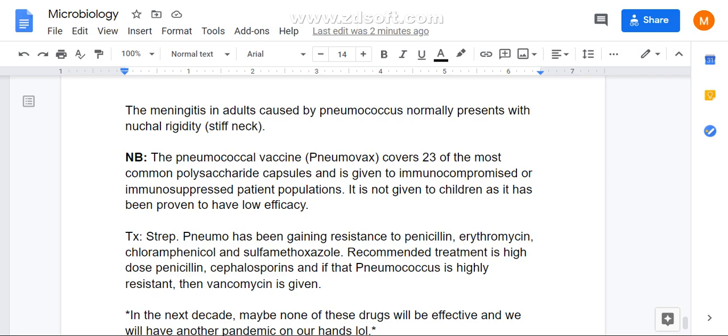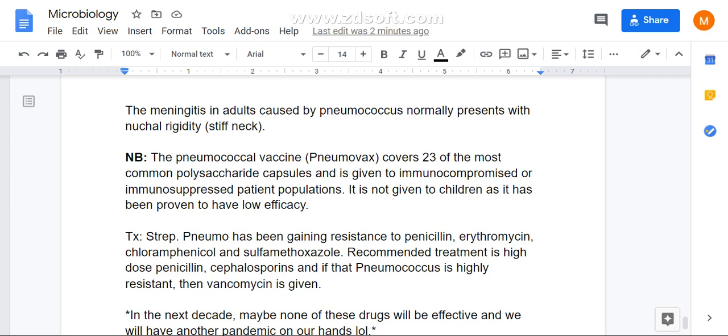Okay, so the treatments for strep pneumo. This is one of these bacteria that have been gaining resistance to penicillin a lot. It's currently becoming very drug resistant over the years. It's resistant to penicillin, erythromycin, chloramphenicol, sulfamethoxazole, and the recommended treatment, despite all of these resistances, is high dose penicillin.